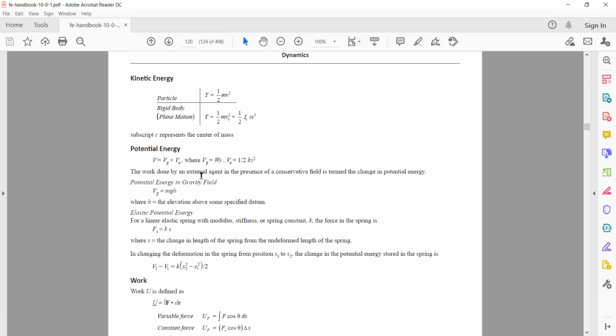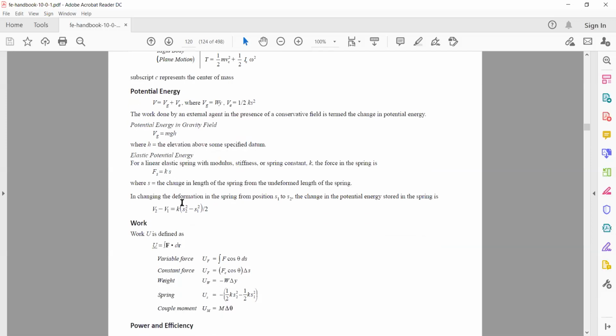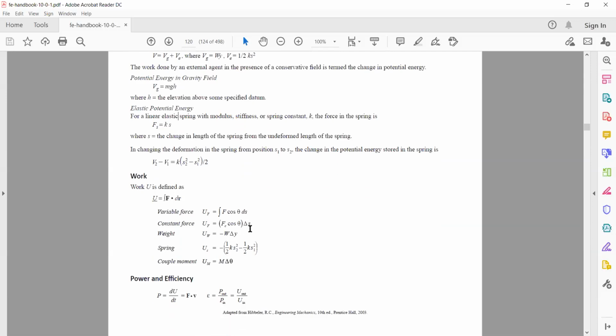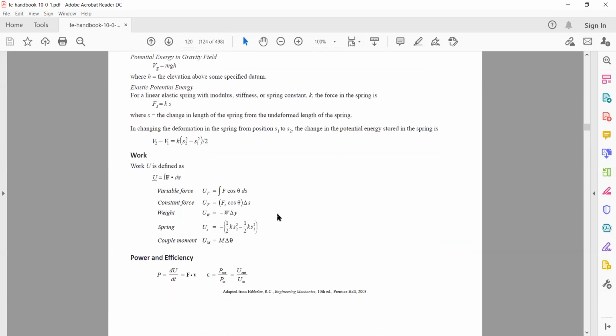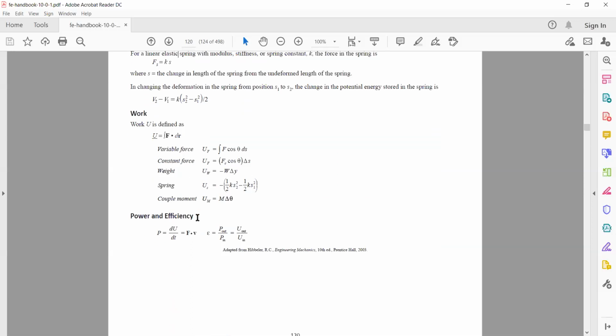Potential energy is fairly simple: mgh, or for a spring, 1/2 ks squared when you use it in energy form. Work, so force times a distance. Force applied over a distance. You have a spring, weight, constant, variable force, power, and efficiency.